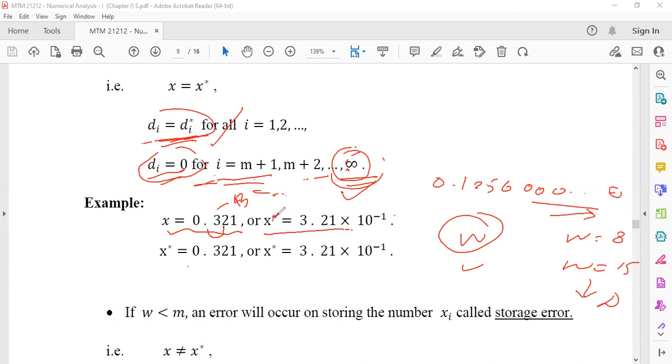Sorry, this should be x. So x star is also the same, nothing happened. Here they have given the fixed point number and the floating point number: this is the fixed point number of x, this is the floating point of x, and these are both x star.